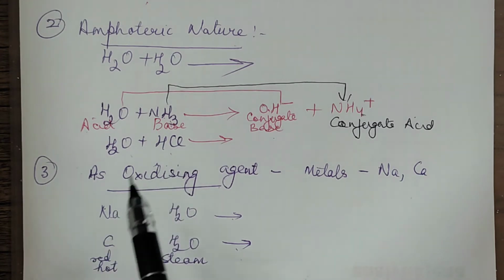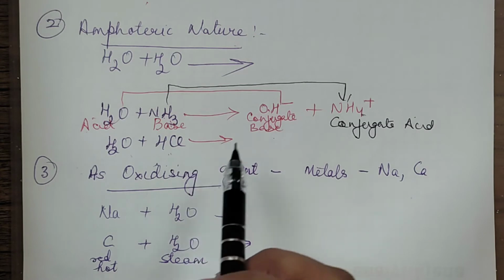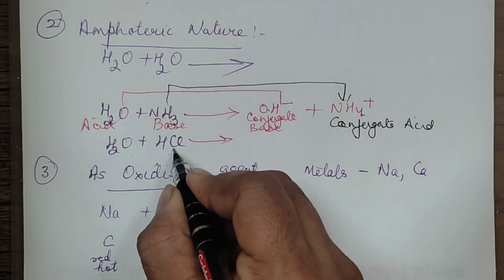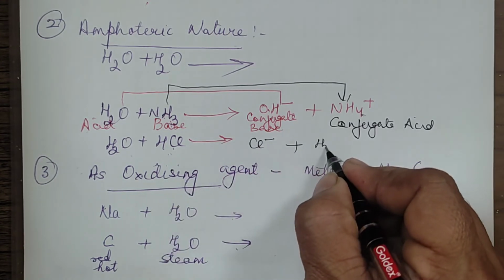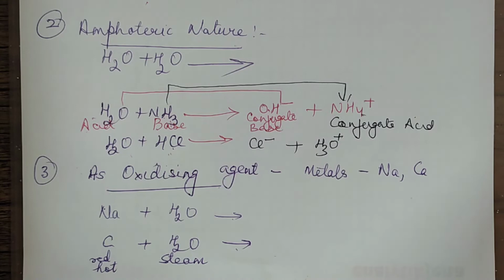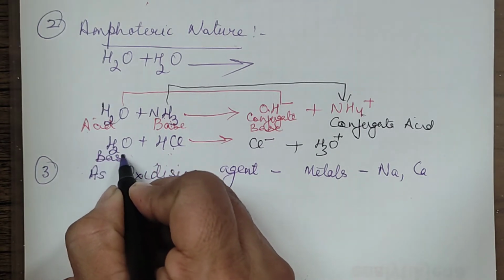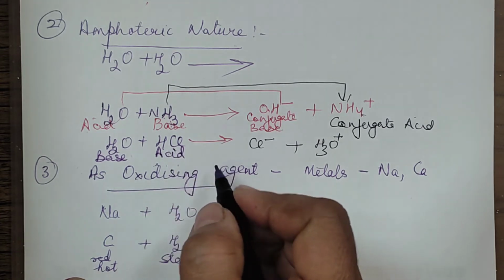In the second example, HCl is a stronger acid. It can lose proton to a greater extent than water. So this is losing proton. It will form Cl- and water will be gaining proton and it will result in the formation of hydronium ion, H3O+. Now this is acting as a base here because it has accepted proton. This is acting as acid because it has lost its proton.